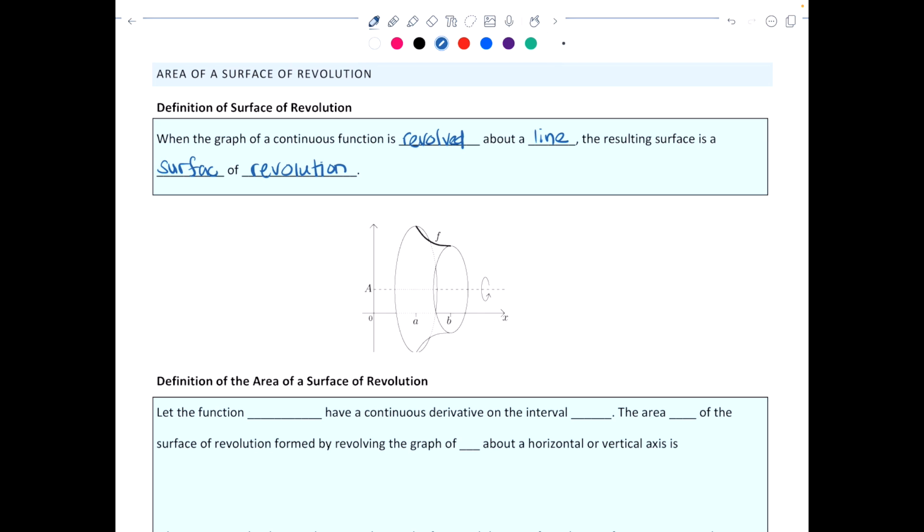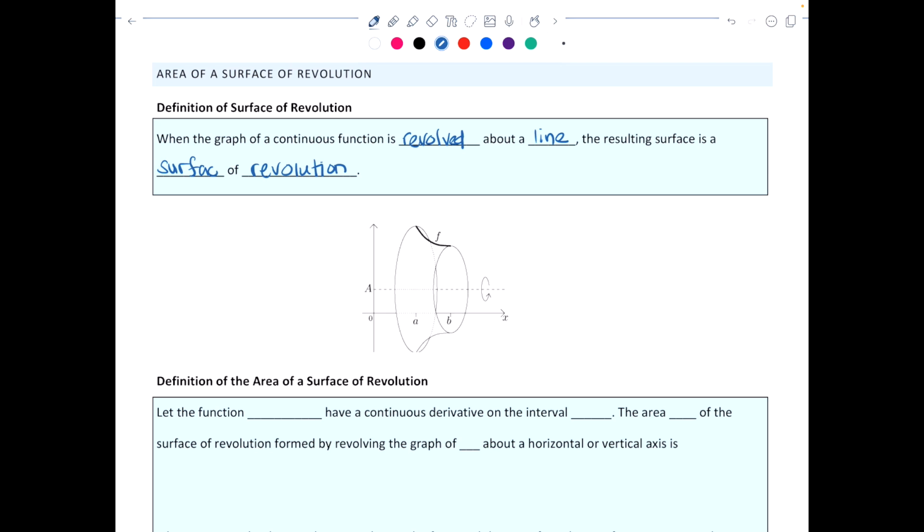So if you think about a kind of sleeve, if you will, if you covered a cup with some sort of sleeve, that would give you your surface area sort of thing. It's not exactly that, but kind of an image.